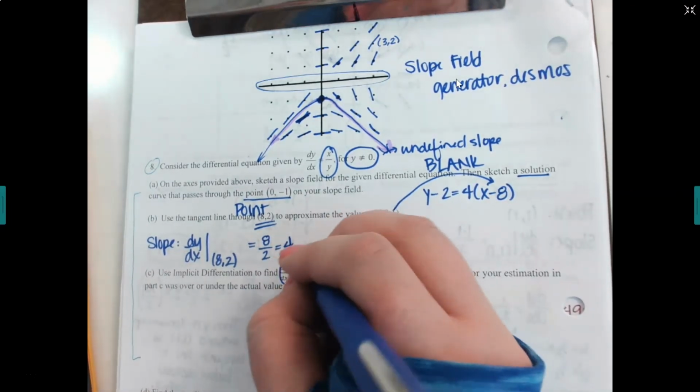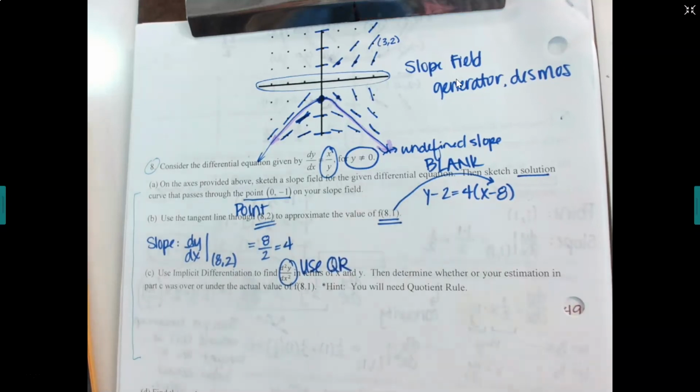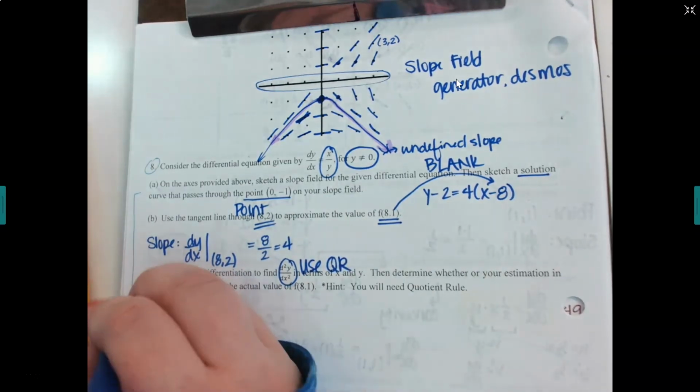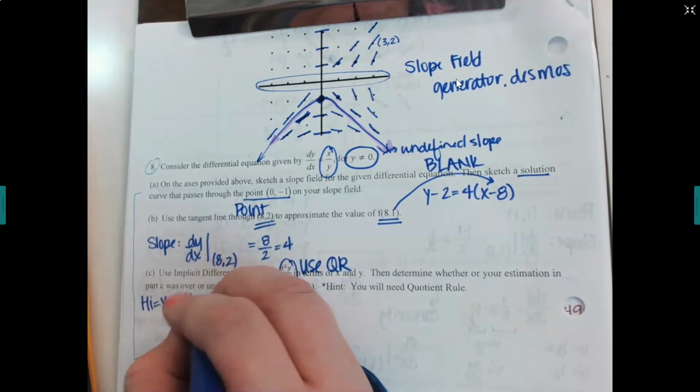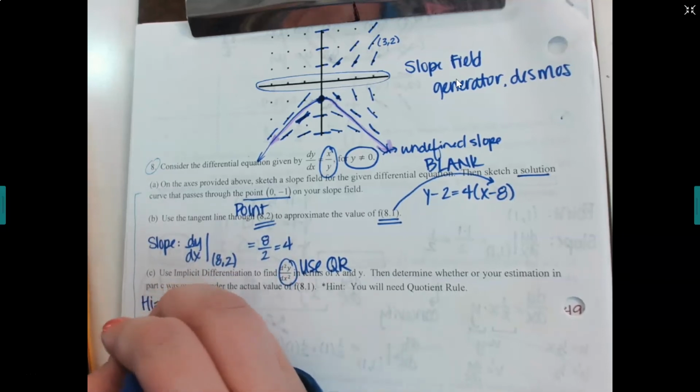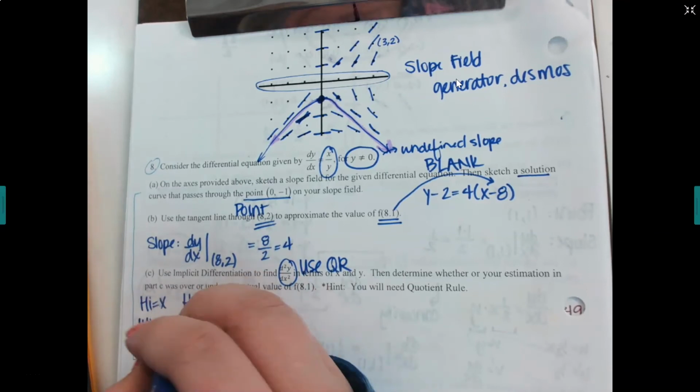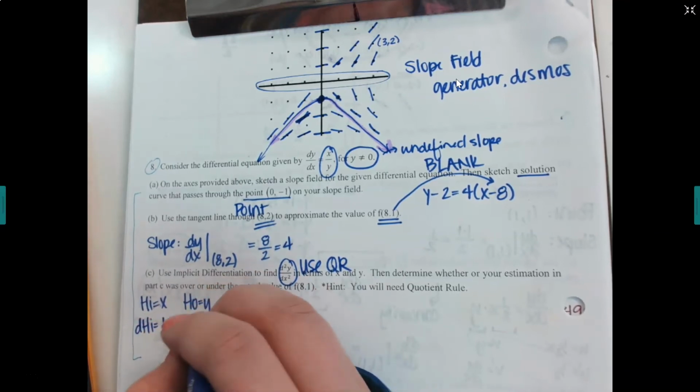You are going to need to use the quotient rule there. So your high is going to be x, your ho is going to be y. D high, the derivative of x is 1. D ho, the derivative of y is 1 dy/dx.